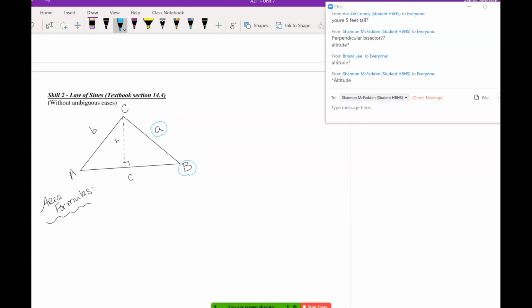If we have little a and big B, we can find the area by saying 1/2. The base in this particular situation, because we're going to use this angle, is little c, and then we'll multiply it by little a times the sine of big B, just like we saw in the warm-up, because that represents the height.